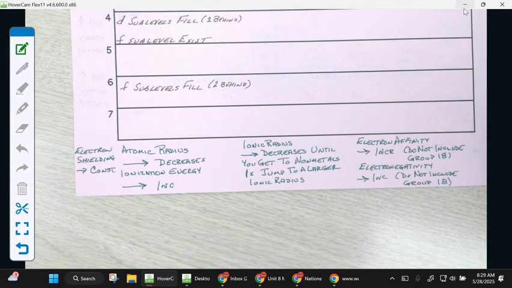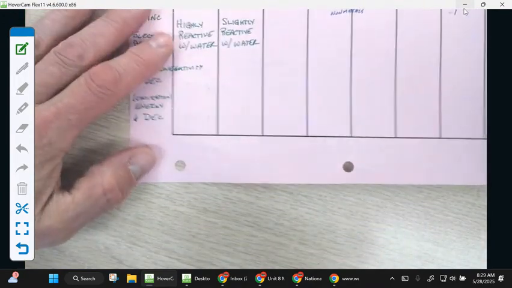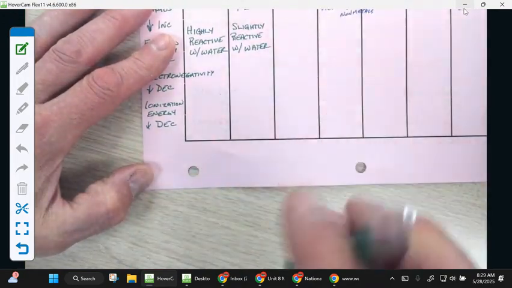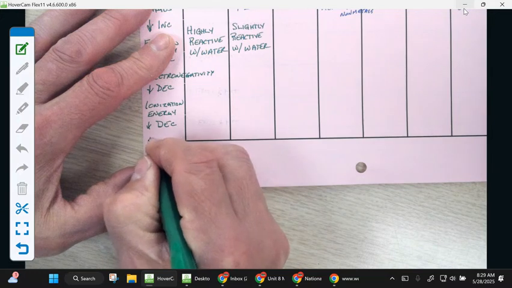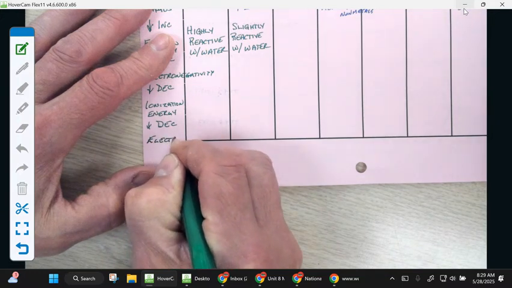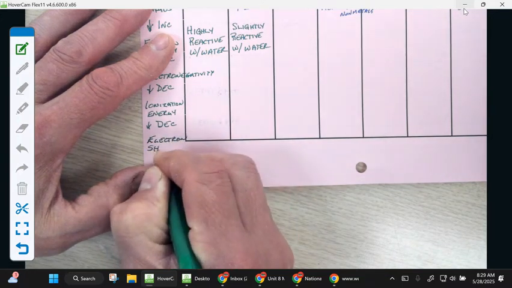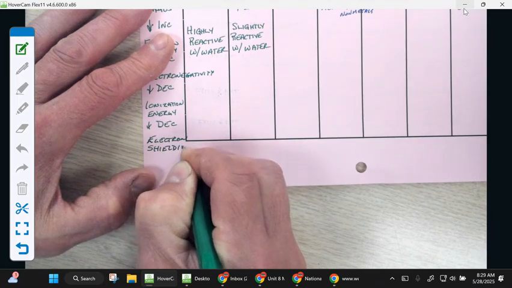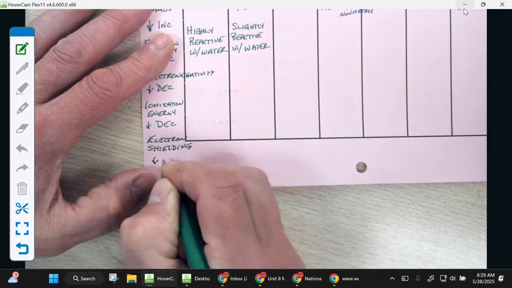What will happen to electron shielding? It will what? No. It'll increase because there's more electrons between those outer ones in the middle, the nucleus. So electron shielding as we go down, it increases.